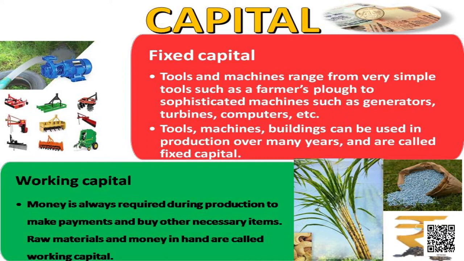Tools, machines and buildings can be used in production over many years, and so they are called fixed capital. I think now all of you are clear about which are fixed capital and how they are an inevitable part of the production process.